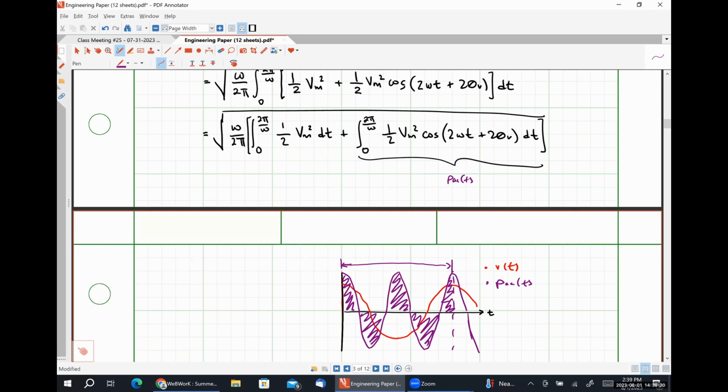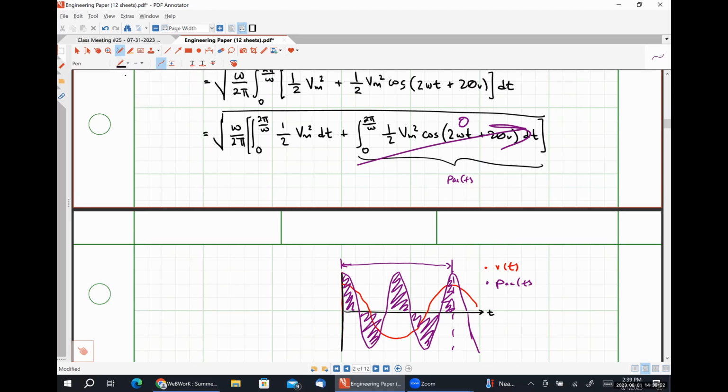No, what is it? What are those areas added together? I'm looking for a number. Oh, 0. Yep, 0. Anytime I integrate a sinusoidal function over an integer number of periods, I will get 0. So this whole term is just 0.